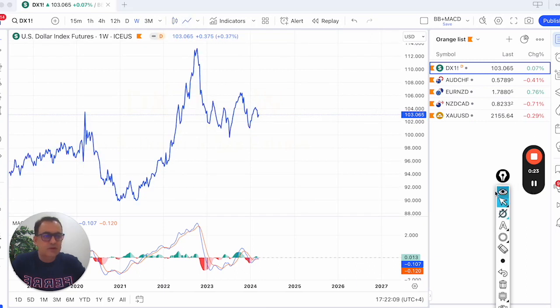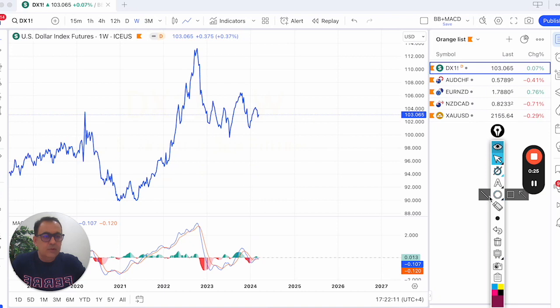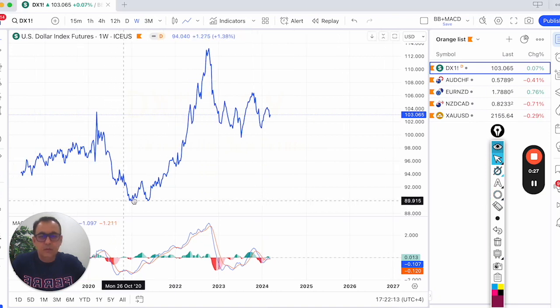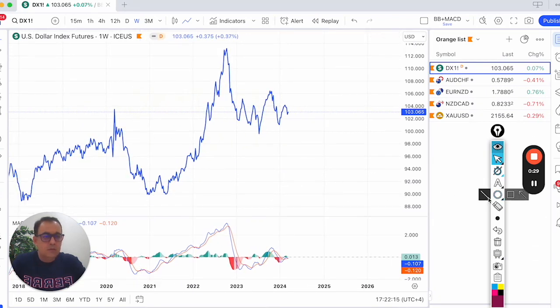And as we can see, it has formed a downward trend here, and now if you notice, if we join the highs and the lows, it's making a bearish flag.